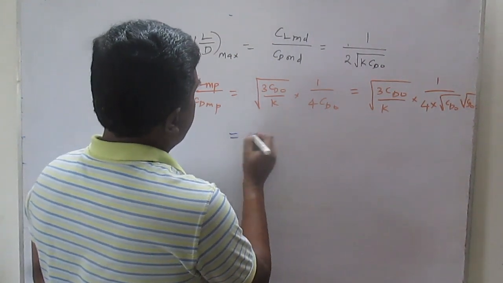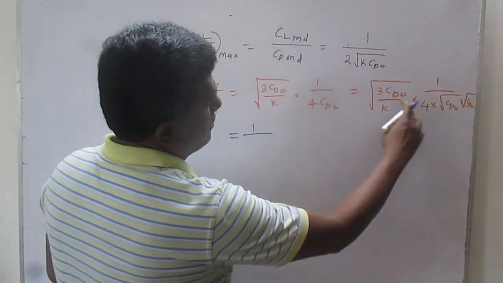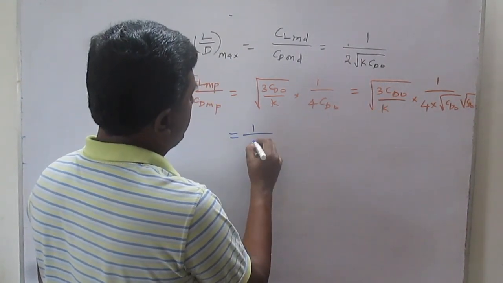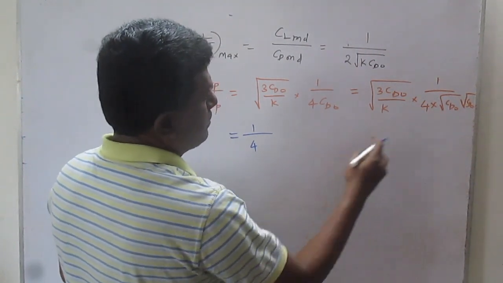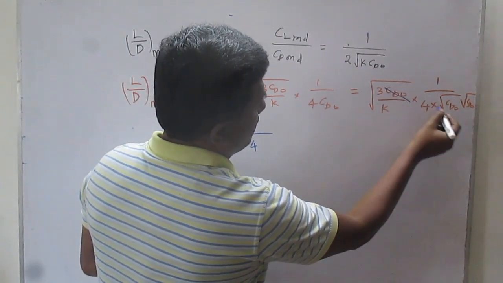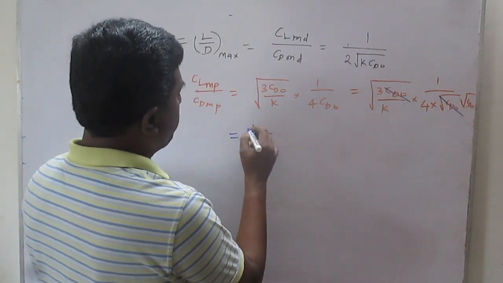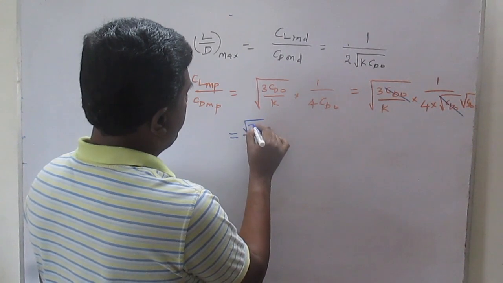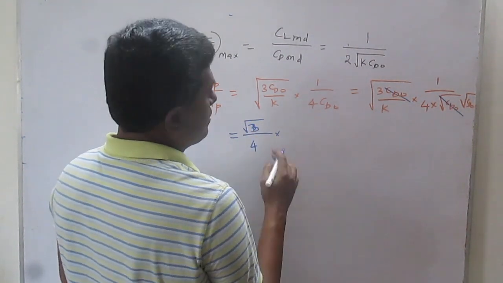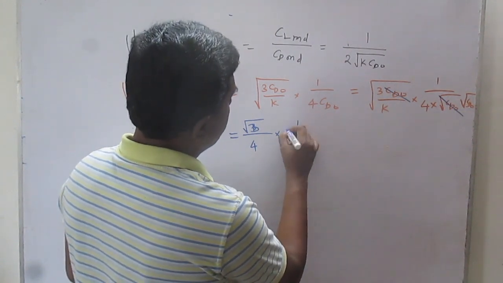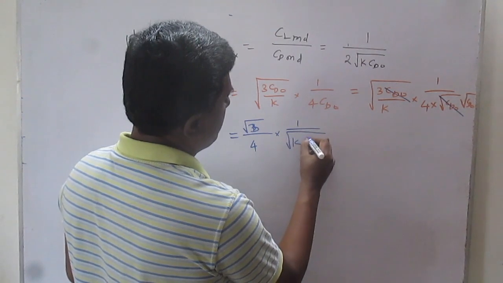That means we have a root 3 also. 1 by 4 we can take here, and this 1 by 4 will get cancelled out now. So now we will be having root 3 by 4, 1 by K CD naught.